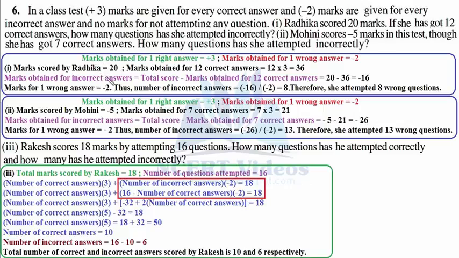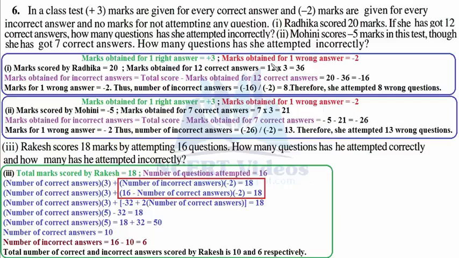So the total marks she obtained for incorrect will be her total score minus marks obtained for 12 correct answers. So her total score was 20 and she attained 36 marks for 12 correct answers. Why we are using marks? Because everything provided to us is in terms of marks.